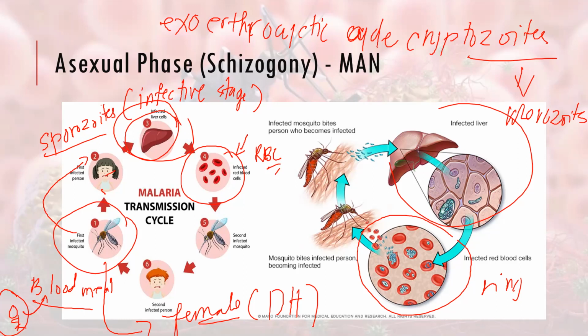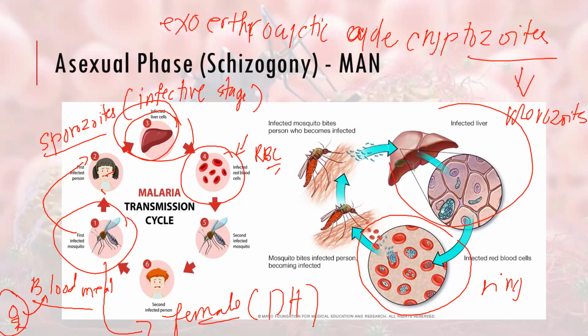After release, there will be a rupture of the red cells. And if there is a rupture of red cells, the next thing that will happen is that it will invade other new cells. Invasion of other new cells means initiation of another infection.